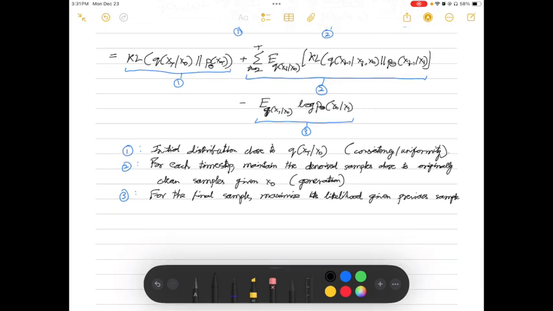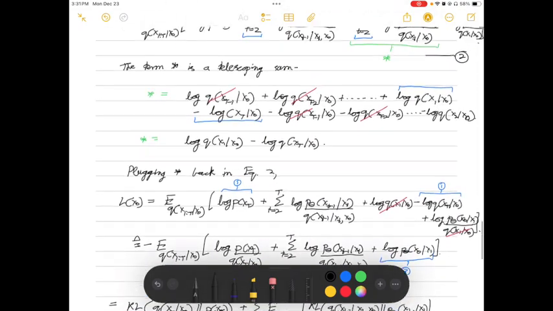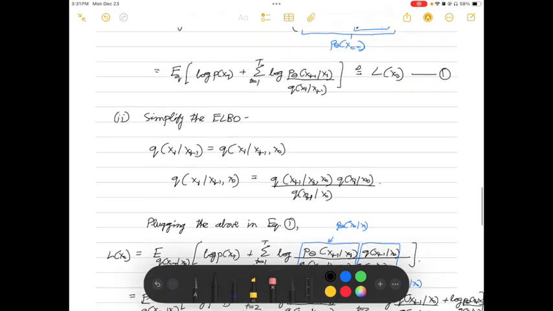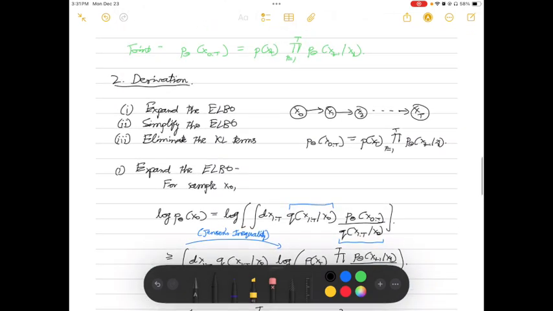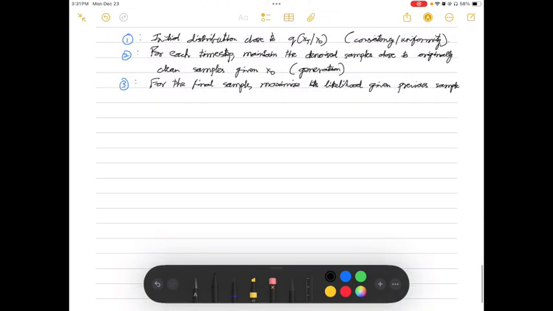Okay, so this completes step 2 of the derivation, and the third step that we will talk about now is eliminating some of these KL terms to further simplify the objective and reach our final training objective.